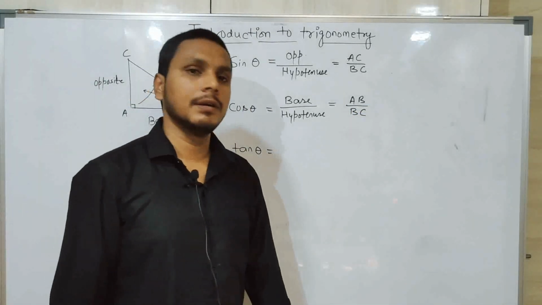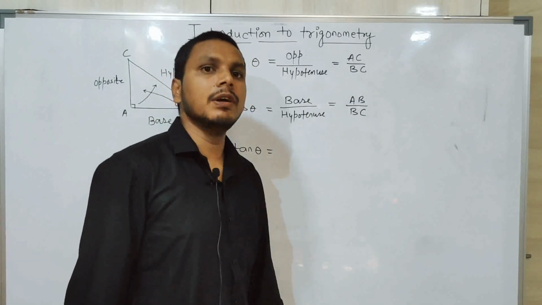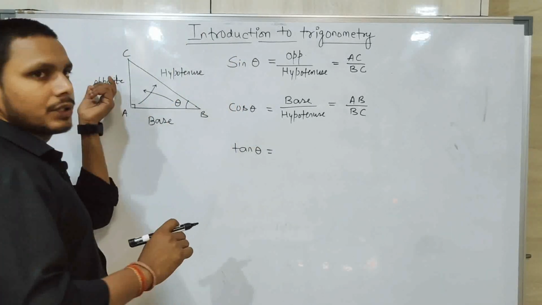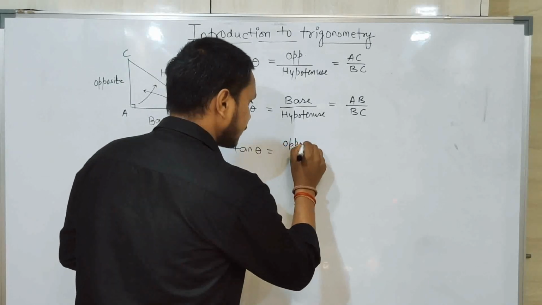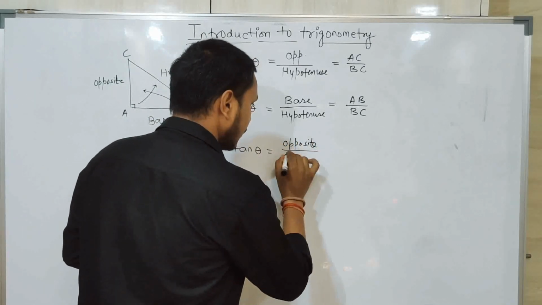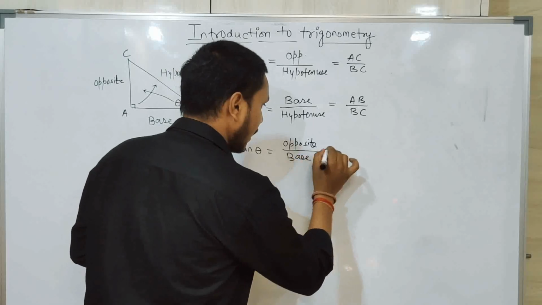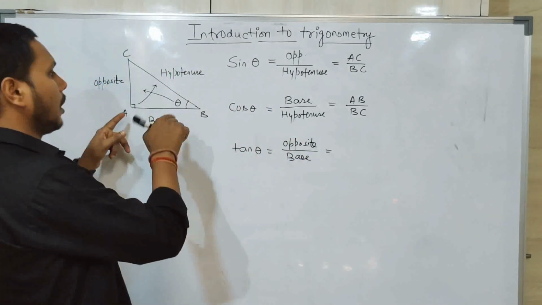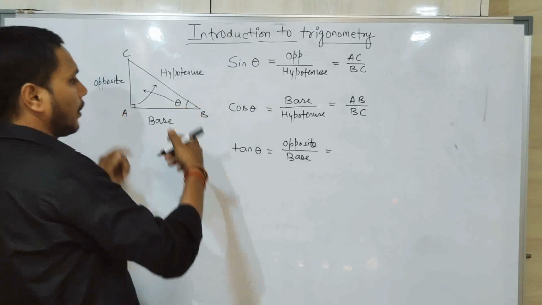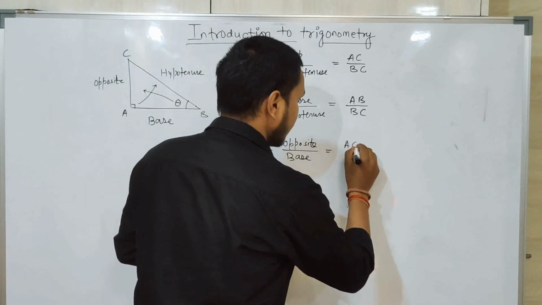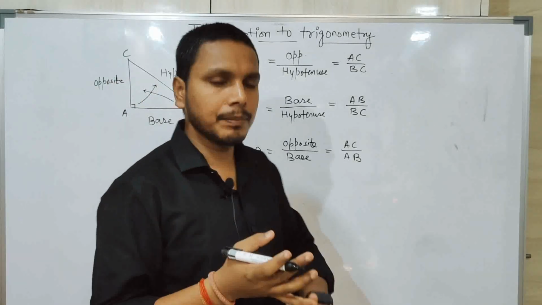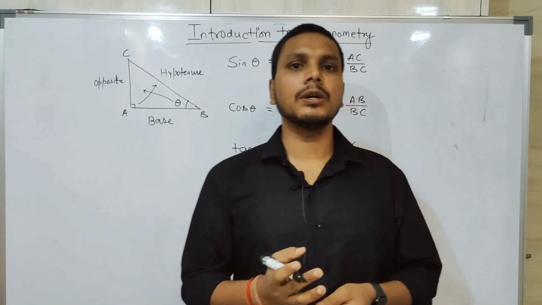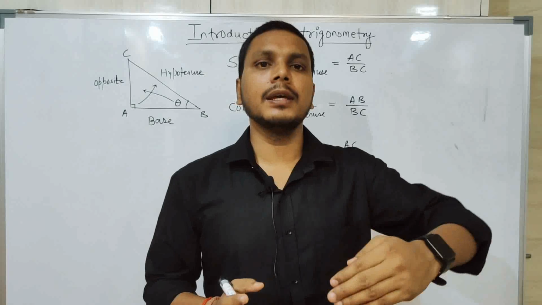And similarly, tan theta equals opposite upon base. In side form, opposite is AC and base is AB, so we write AC by AB. So basically there are three important ratios: sine theta, cos theta, and tan theta.